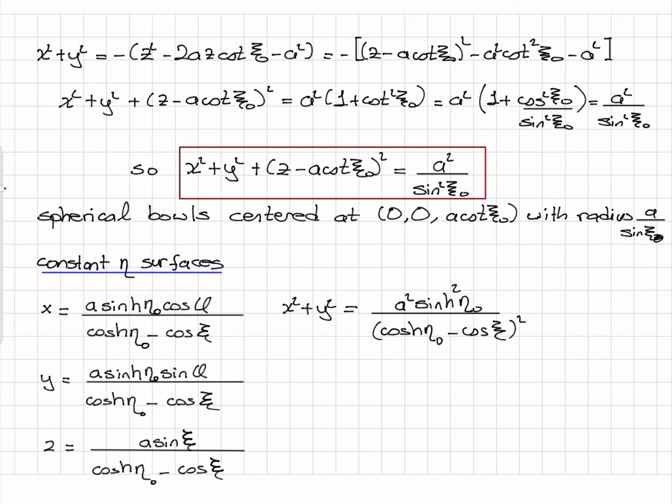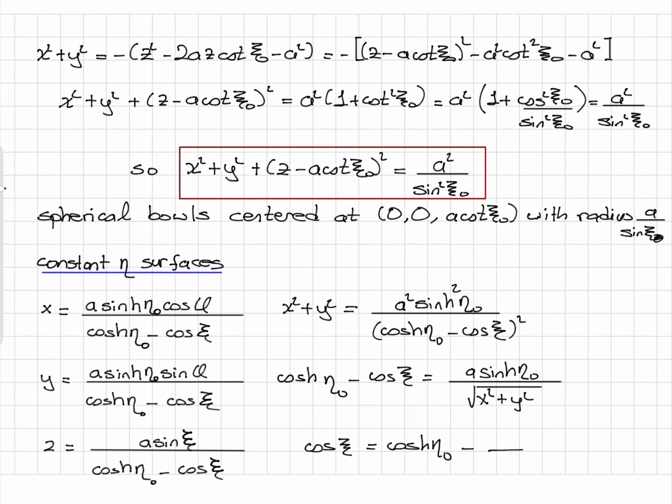And at the same time, cosh eta 0 minus cosine psi can be written by taking the reciprocal of this equation and taking the square root as a sinh eta 0 divided by square root of x squared plus y squared. And that means I can write cosine psi to be equal to cosh eta 0 minus a sinh eta 0 divided by square root of x squared plus y squared.